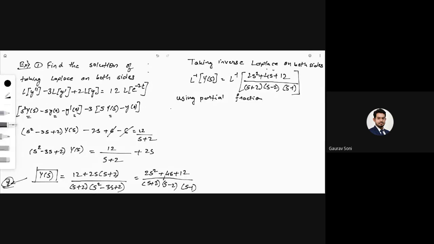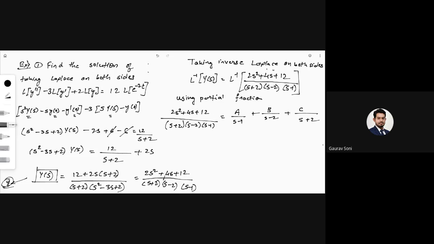what we have to do is write down this 2s square plus 4s plus 12 upon s plus 2, s minus 2, s minus 1 as a upon s minus 1 plus b upon s minus 2 plus c upon s plus 2.